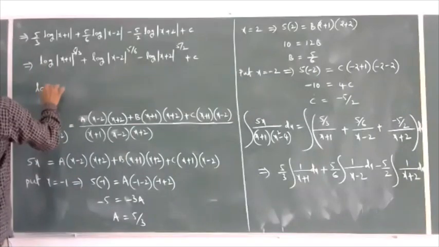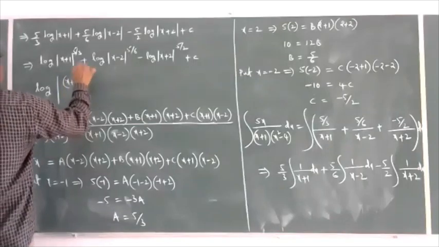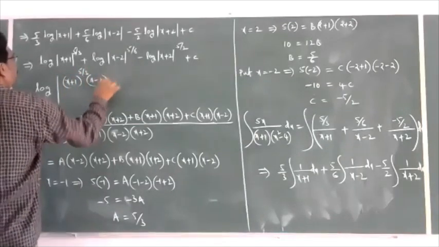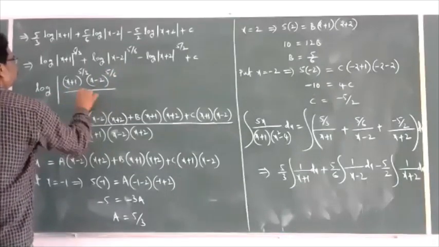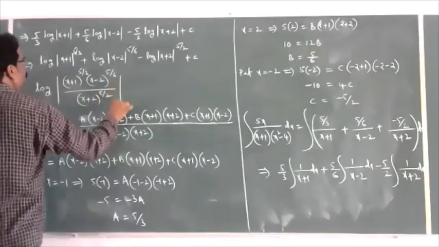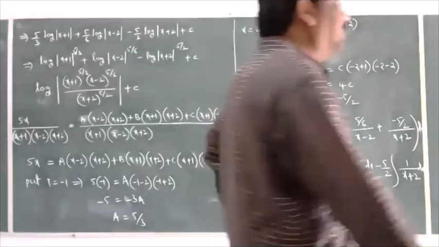Directly, log mod of (x plus 1) whole power 5 by 3 into (x minus 2) whole power 5 by 6 by (x plus 2) whole power 5 by 2, plus C. You make the single term.